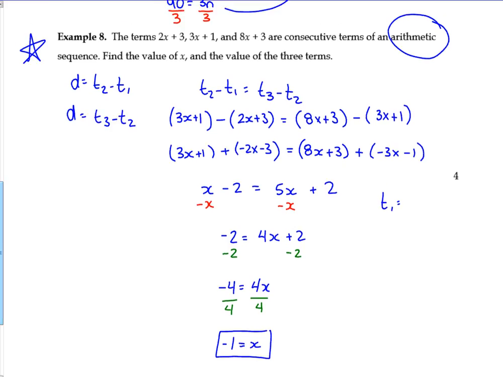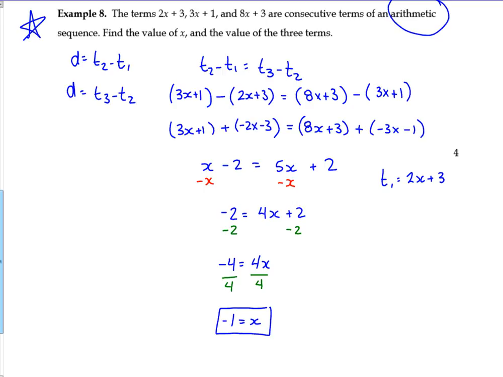Term 1 was equal to 2x plus 3. And now, guess what we know? x. So term 1 is 2 times negative 1 plus 3, or subbing my x value into term 1. And that's equal to 1.